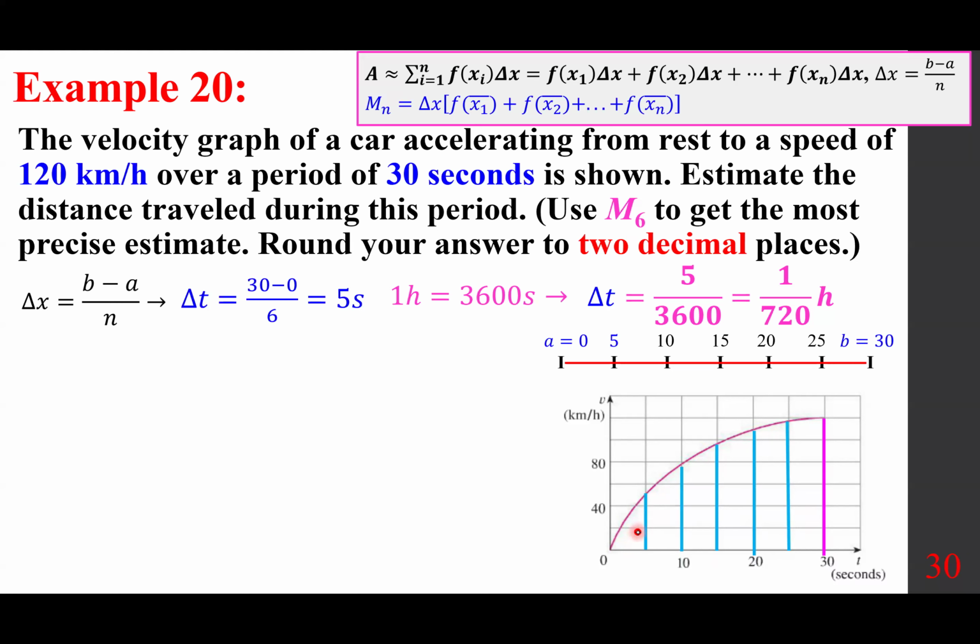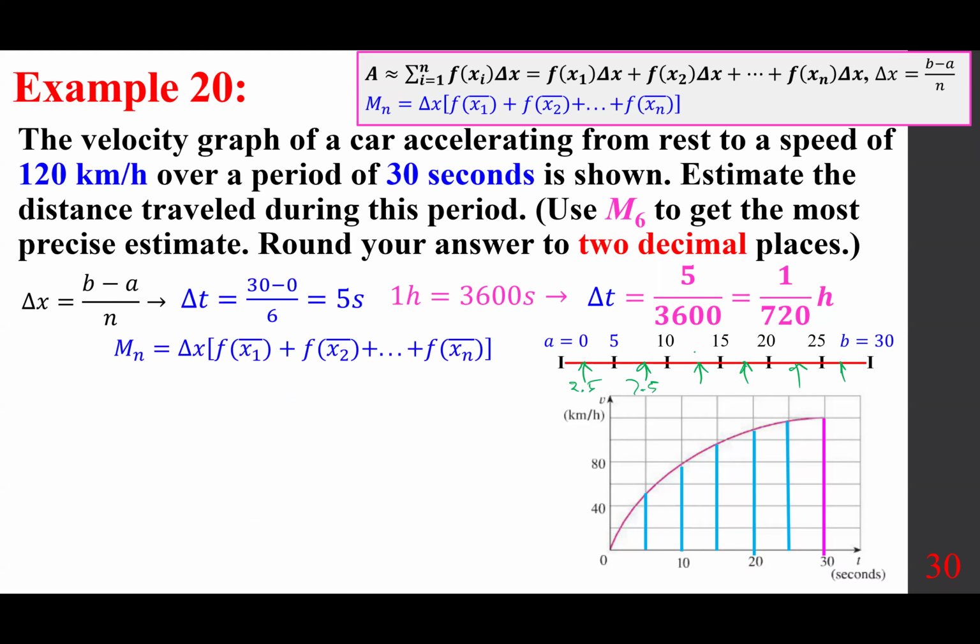So we have 6 rectangles, and we are going to use the midpoints. Those are the midpoints, everybody, which is obviously 2.5 here. And then add 5 to get 7.5 and the rest of them.